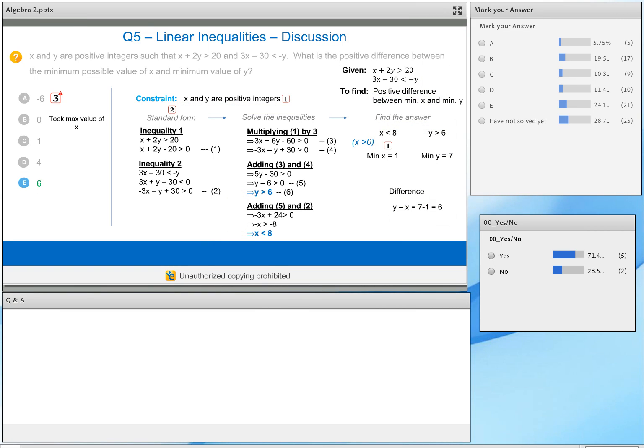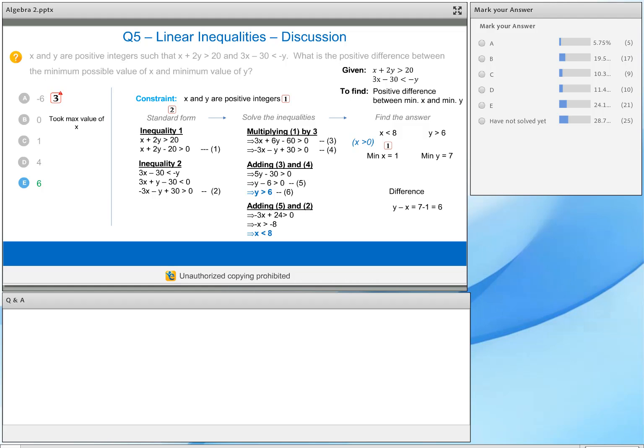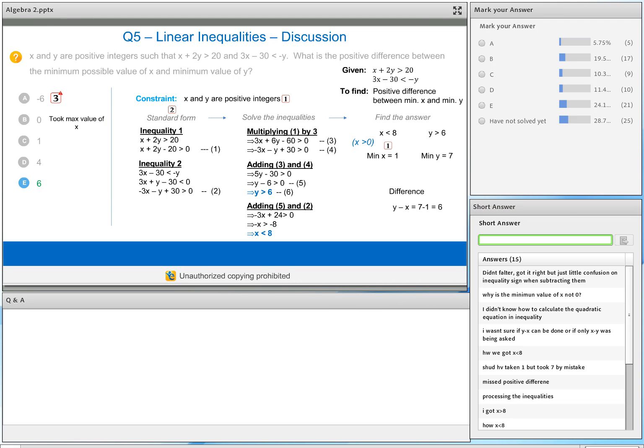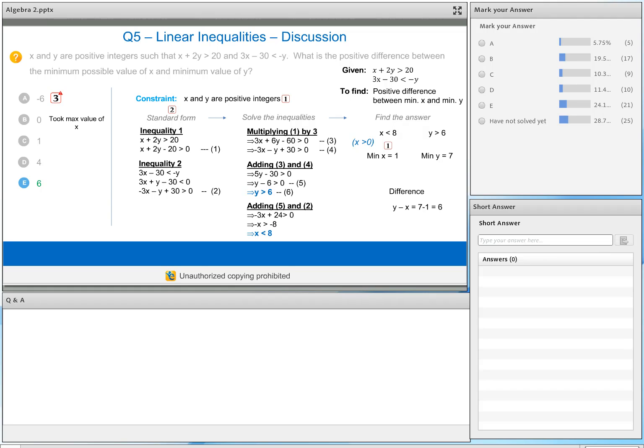If this question appeared in one of your practice sessions and you got this question wrong, what is the identification that you're going to do in the error log for the mistake? What are you going to write in your error log?